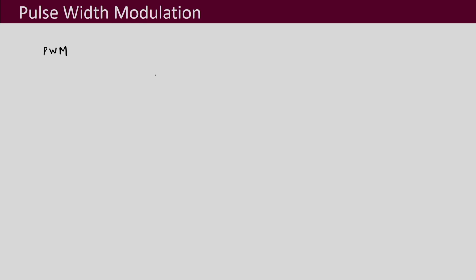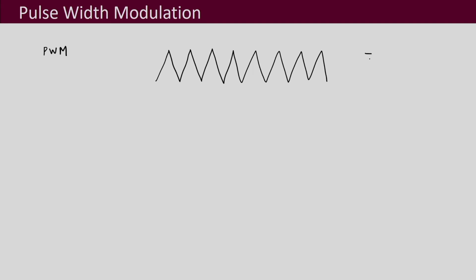So, what is PWM is basically you have a carrier signal, which may be triangular in nature, or sometimes sawtooth is also used, sawtooth wave shape, and this has a frequency Fs equal to the switching frequency, and it is compared with a reference.